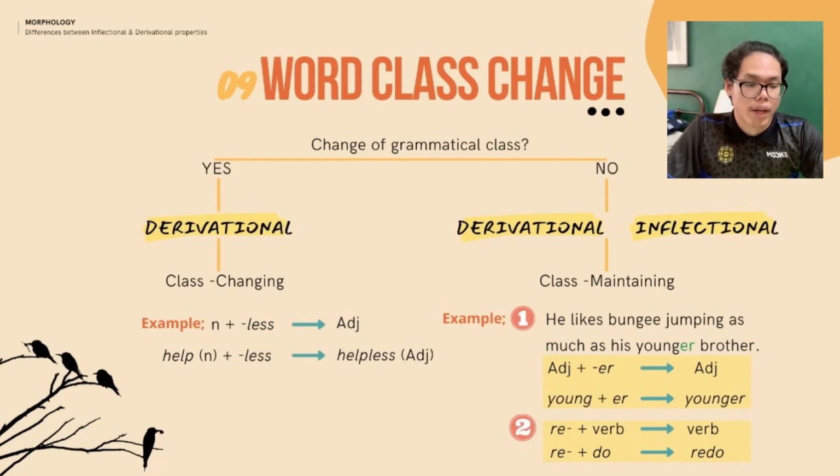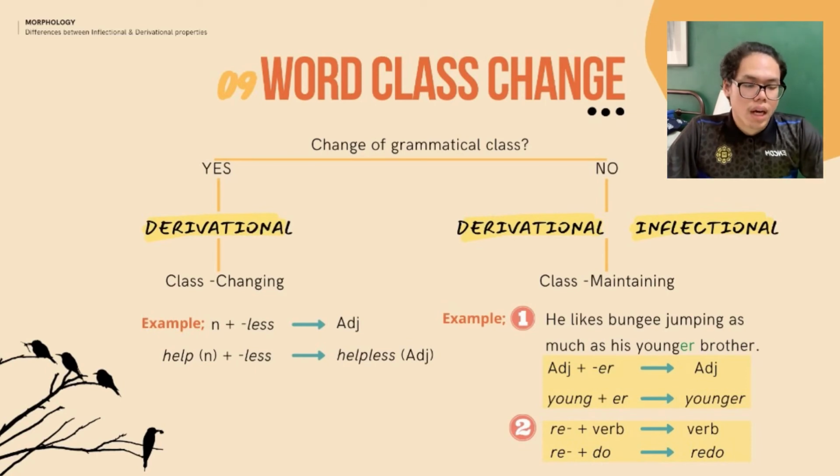Example number 1 under class maintaining. He likes bungee jumping as much as his younger brother. As we can see here, adjective plus suffix er becomes adjective. The word class doesn't change. Young plus er: young is an adjective, younger is also an adjective. After we add the suffix, there is no change in word class.